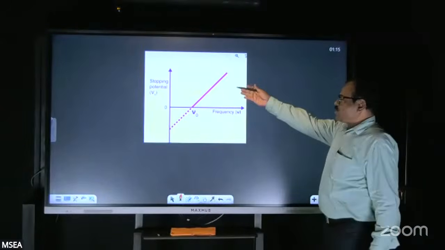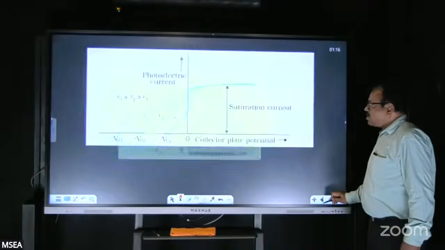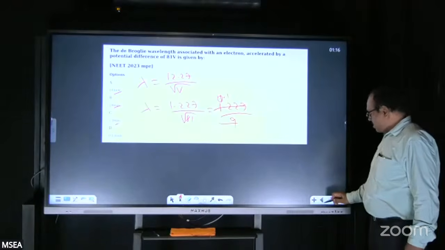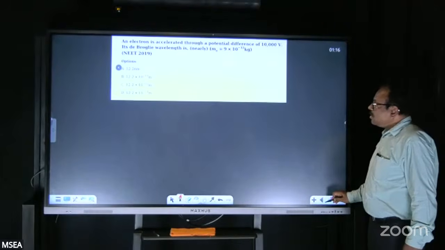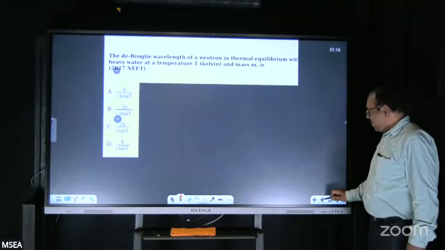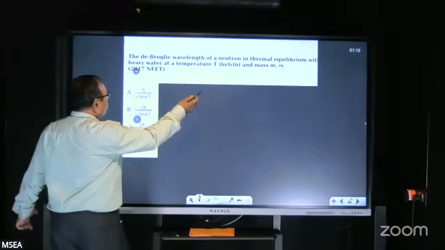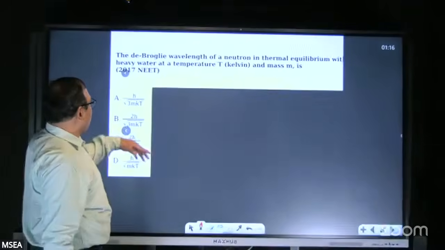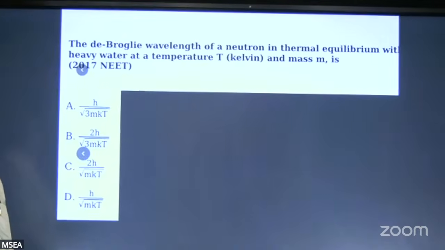Just now I said the graph of stopping potential to frequency is also like this. And the last point that I want to discuss, the most important one, is the de Broglie wavelength for thermal equilibrium. With the temperature, lambda is equal to h by root of 2m Ke, where Ke is equal to 3 by 2 kT.